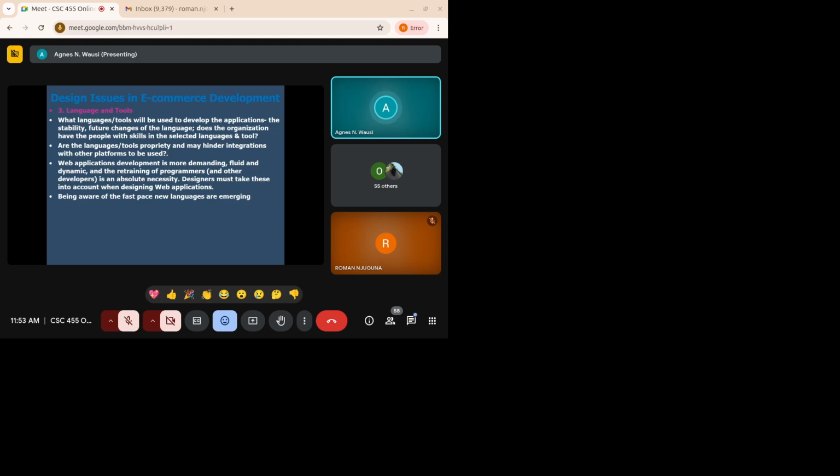Now, when we look at web development, in terms of language and tools, we are looking at frequent changes, even in the use of some of the languages. I think I was sharing that PHP has been there for a long while.